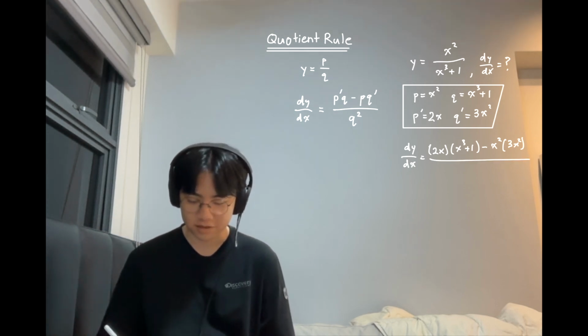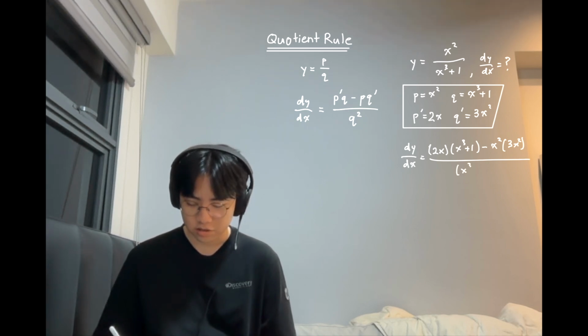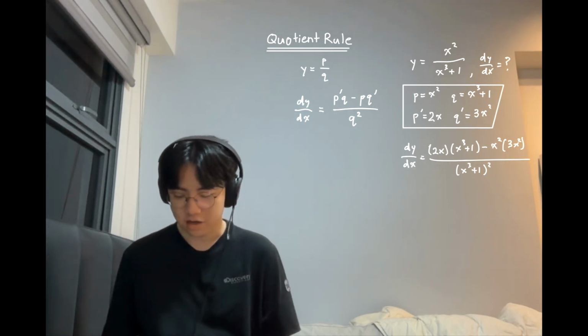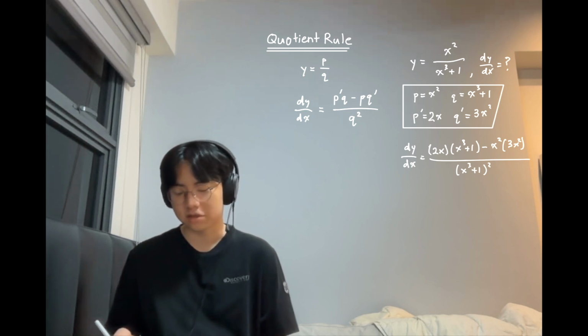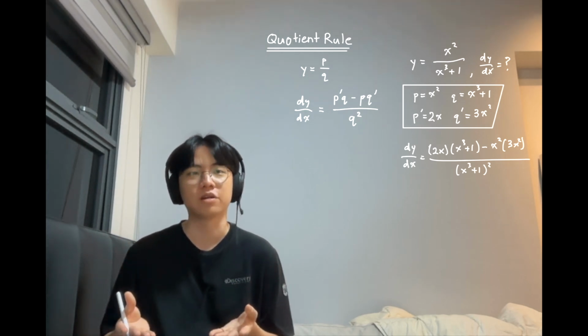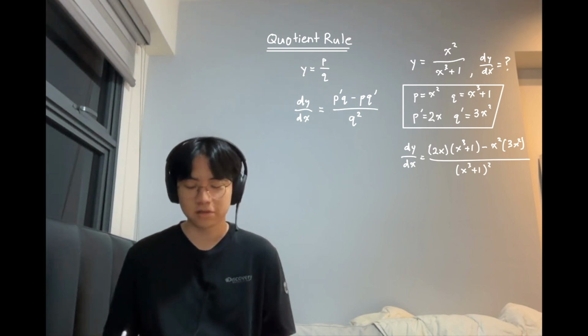It's as easy as that. And our q squared will be x cubed plus 1 squared. I'll leave it to you as an exercise how to expand this out. But the important part here is how you apply the formula, and it's very, very simple.